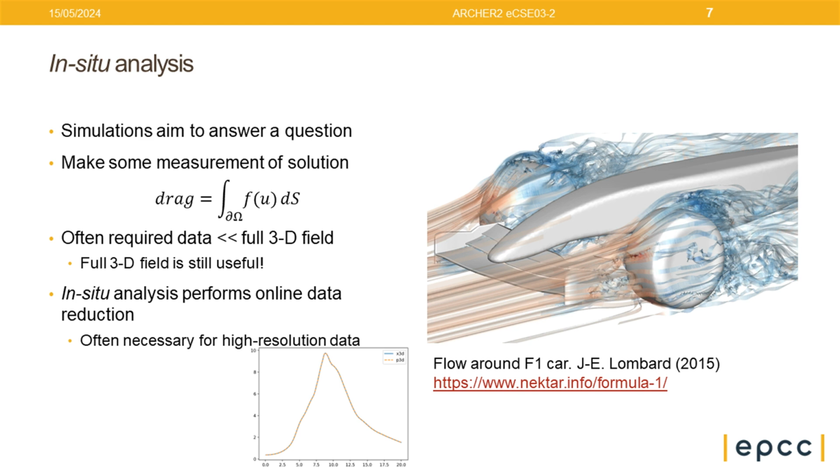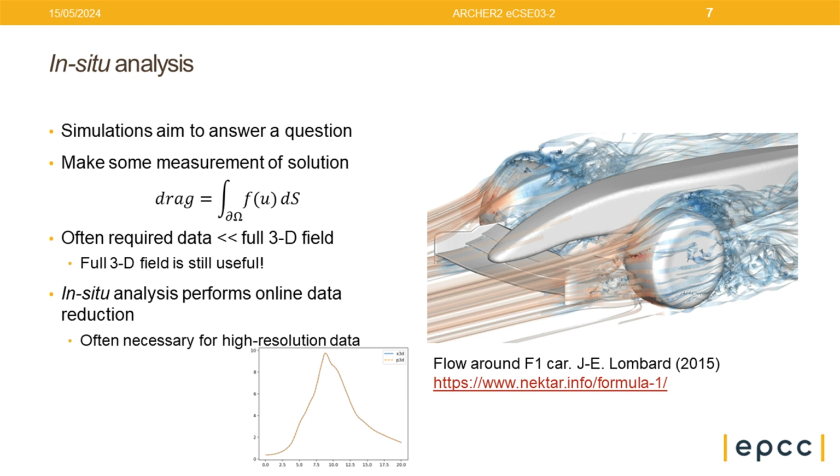However, you can also imagine that a designer of the car may simply be interested in the drag force, in which case writing out the entire three-dimensional flow field is potentially very costly in terms of the amount of science they're able to do. So an in-situ analysis would perform the drag computation online, and then the amount of data that the simulation outputs is significantly reduced.